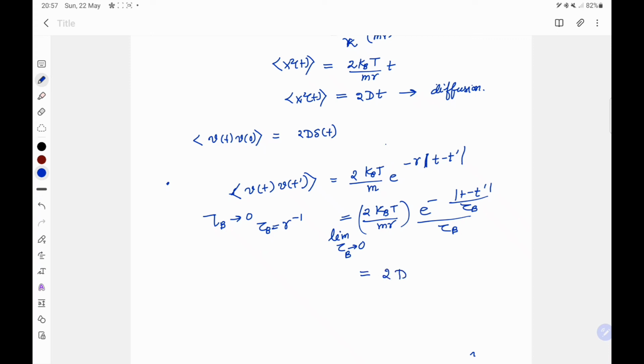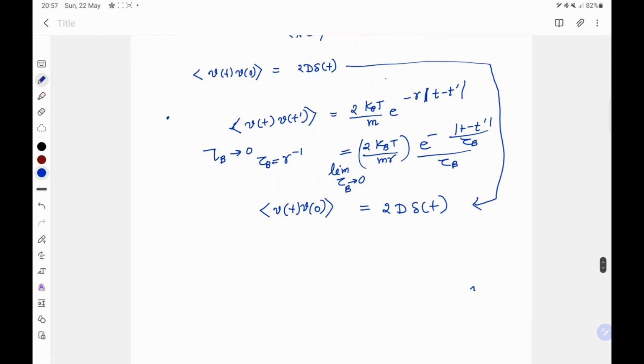So what you have is 2D delta(t minus t prime). So the limiting case of both is actually the same. The potential becomes a free particle.